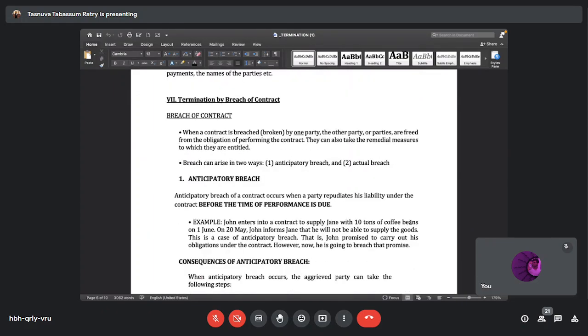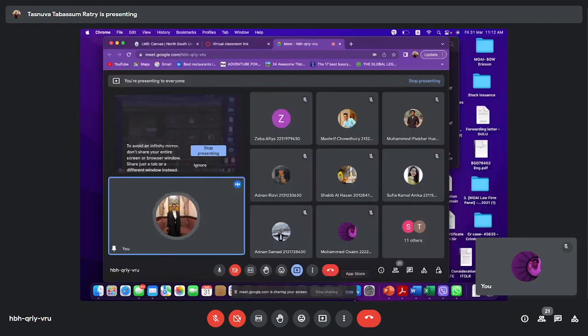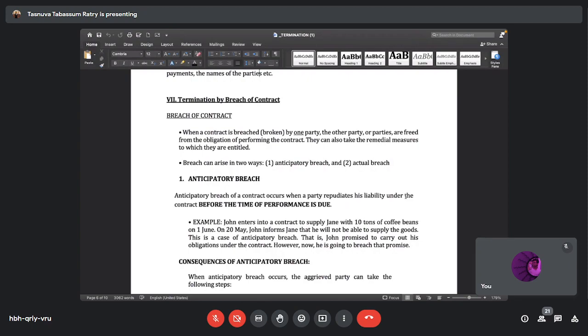We're doing the last method of termination. We already know that whenever the contract creates certain legal obligations, and once those legal obligations are fulfilled, the contract usually gets discharged. Parties enter into a contract, there are certain legal obligations to be fulfilled.